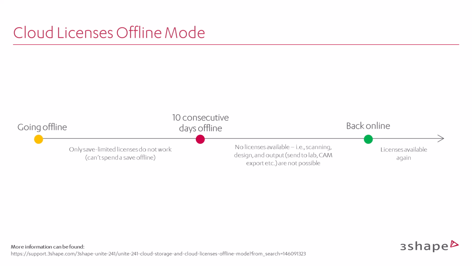Additionally, cases scanned during this offline period will not synchronize with the cloud. After 10 consecutive days offline, no licenses will be accessible. For instance, activities such as scanning, design, and outputs like sending to the lab and CAM exports will not be feasible. The user will need to reconnect online to resume using the licenses.